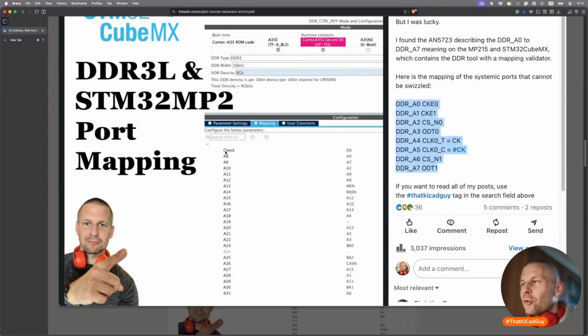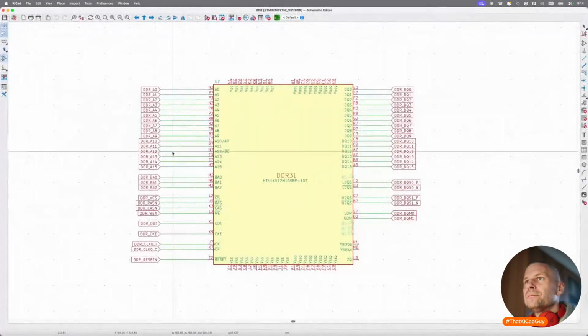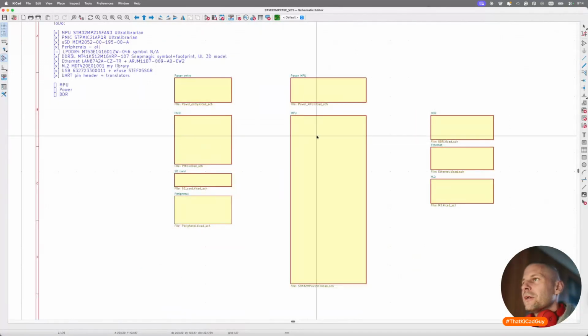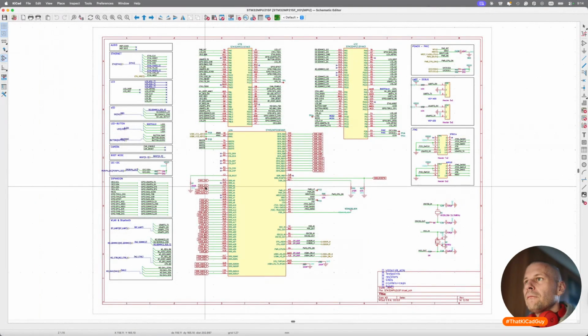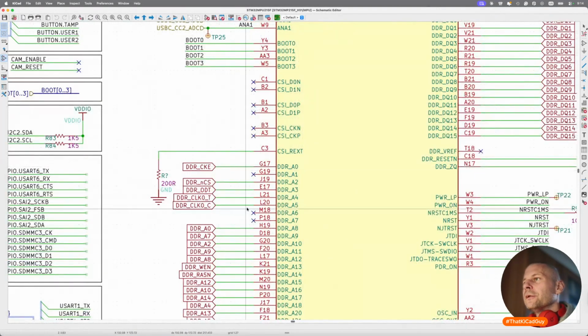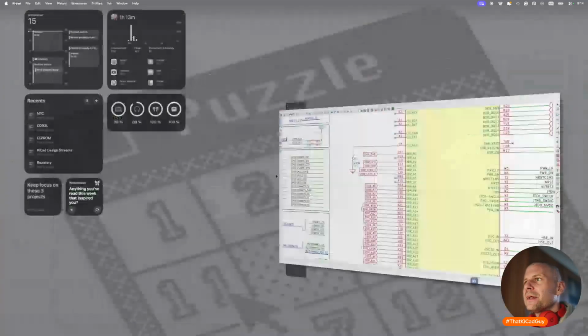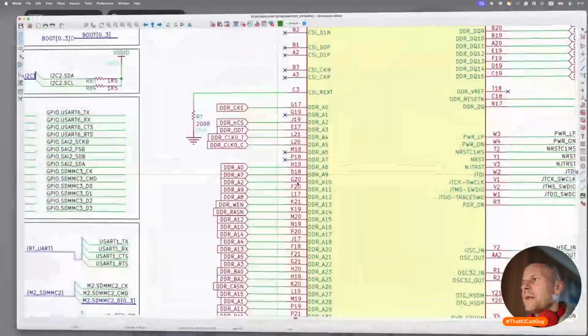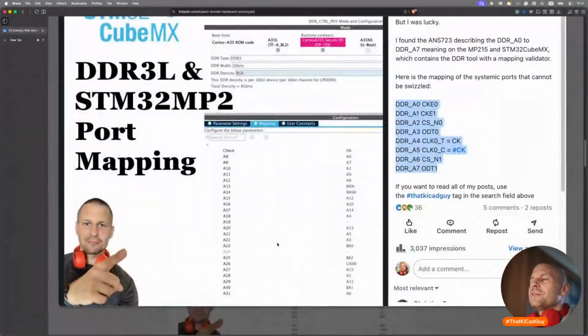I don't know if this is the default mapping, but we can check. A8 is A0, then A7 is A2, A9, yes. This is the default mapping. I used the default mapping.